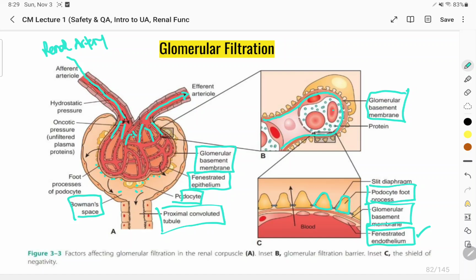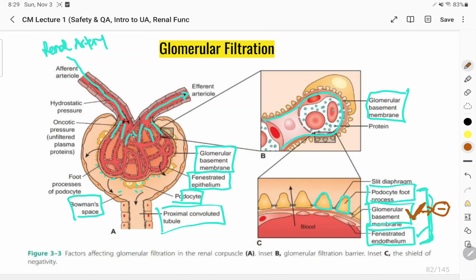Particularly here in your glomerular basement membrane, there is a component or composition of your glomerular basement membrane that carries a negative charge on the surface of this particular part of your glomerulus.